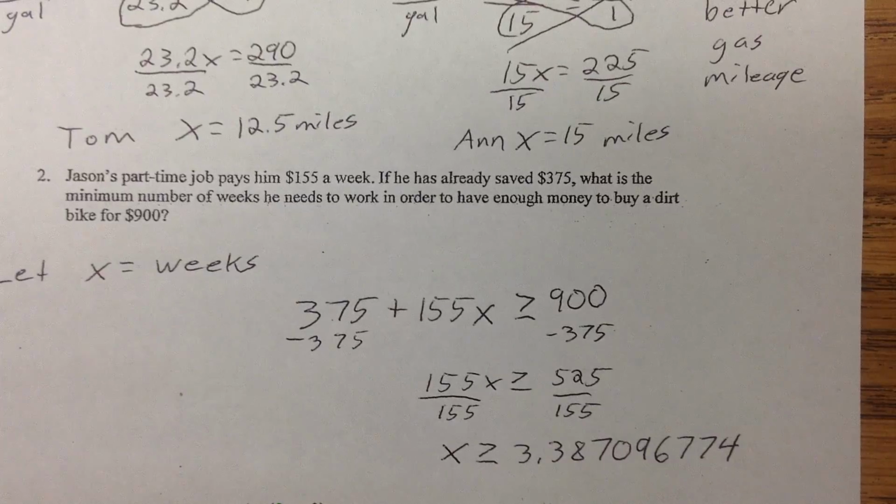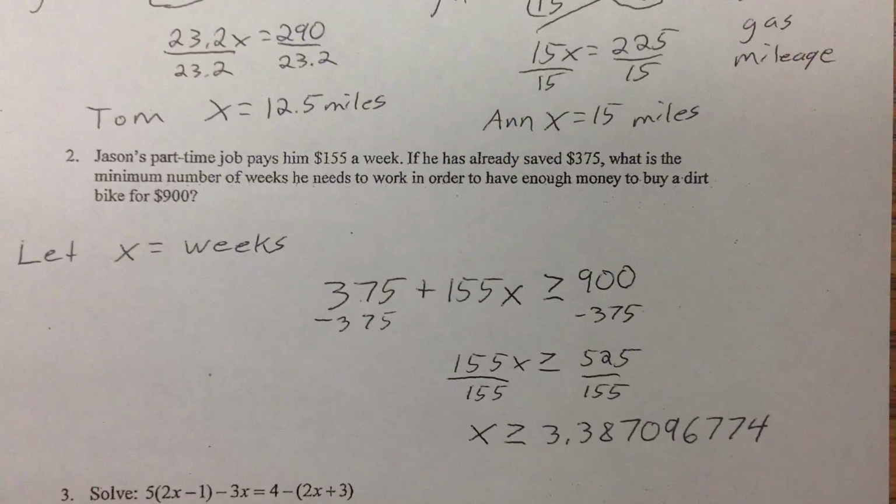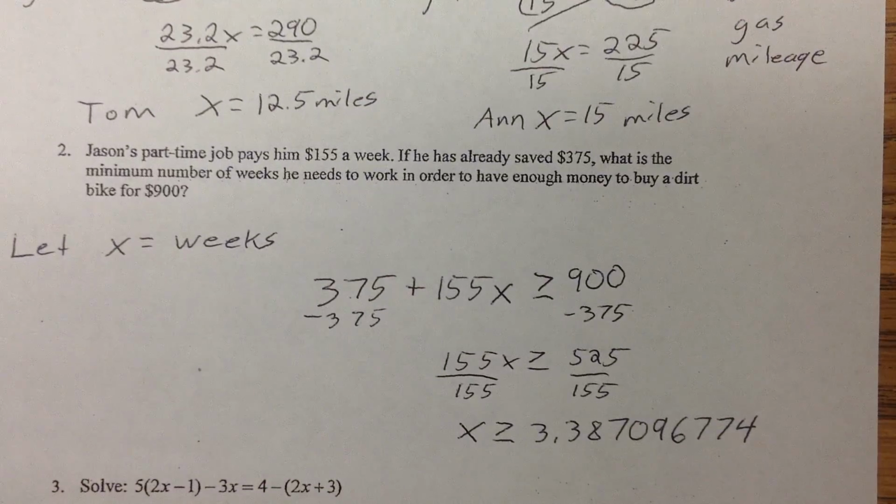So, does that mean that Jason has to work 3.387096774 weeks? Not exactly. What you're going to want to do is go to the nearest integer that makes sense. So, in math terms, you might be thinking, well, that rounds down to 3. So does that mean Jason only needs to work 3 weeks? No, because that won't be enough money.